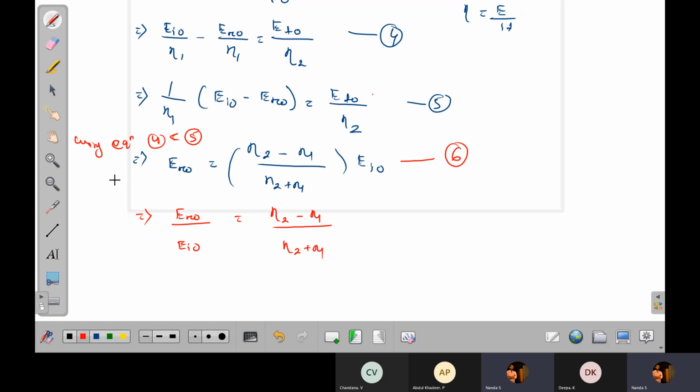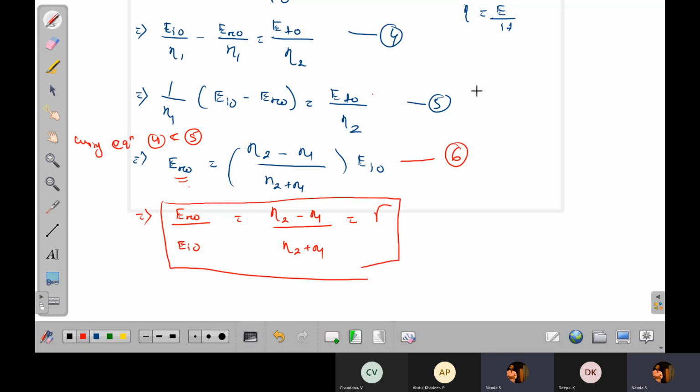Because we need to know how much wave is transmitted and how much wave is reflected back. So for that, we consider one equation where only ER0 and EI0 are there, no transmitted term. So this is one equation, and this is equal to tau.